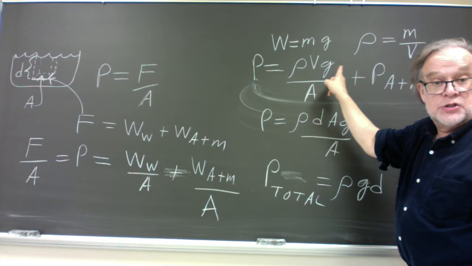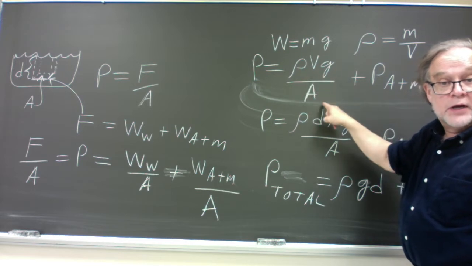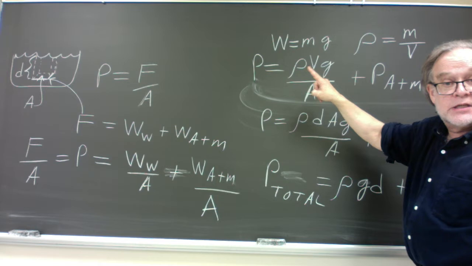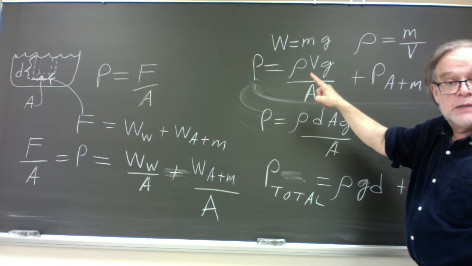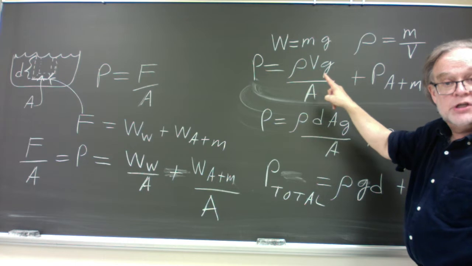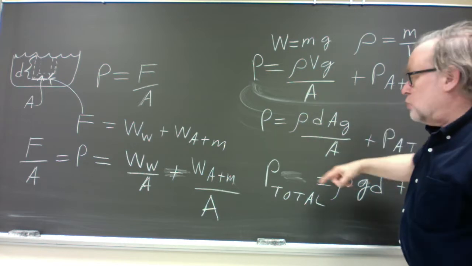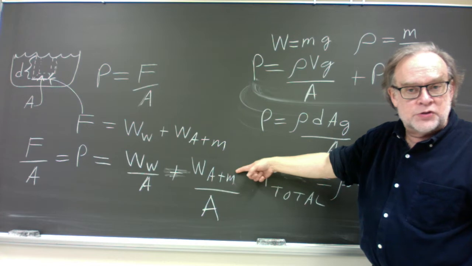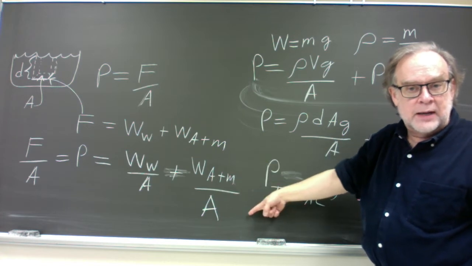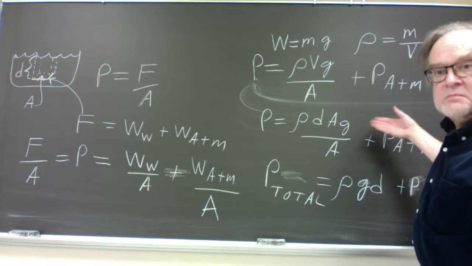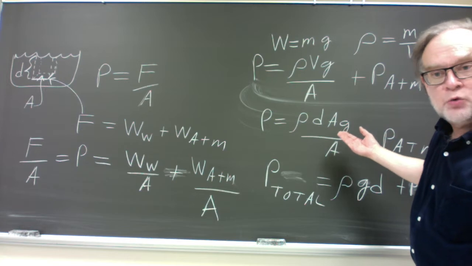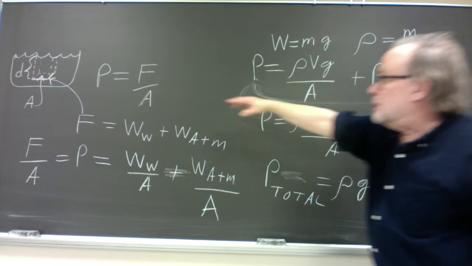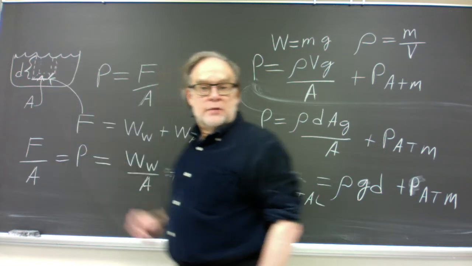The total pressure is the weight of the water divided by the area. Weight is mass times g, and I'm writing mass as density times volume. Density times volume, that's mass times g. Mass times g, that's weight. Meanwhile, the force from the atmosphere pushing down divided by area, we'll just refer to that as the pressure caused by the atmosphere, the pressure caused by the weight of all the atmosphere that's directly above this area.